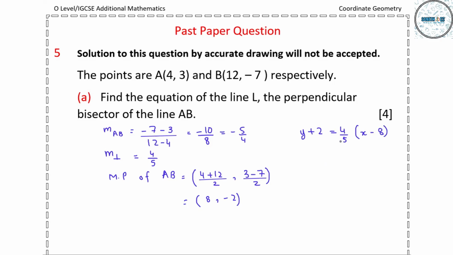We will do cross multiplication. 5 multiplied by y is 5y. 5 multiplied by 2 is 10. We'll multiply 4 by x and 4 by minus 8. So 4x minus 32. So we have here 5y minus 4x is equal to minus 42.